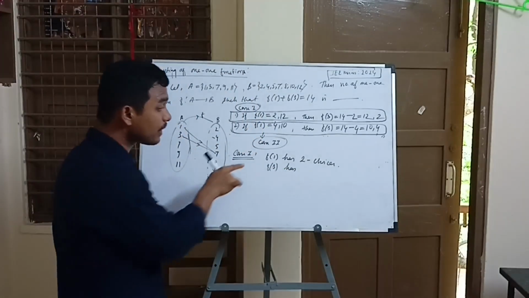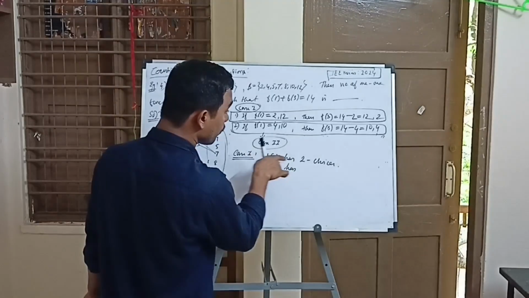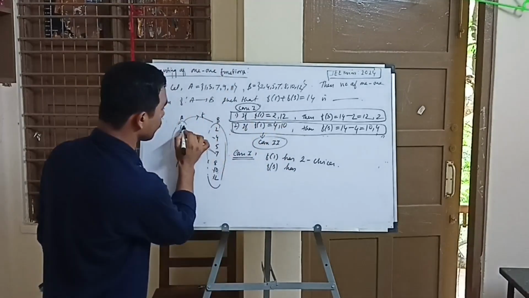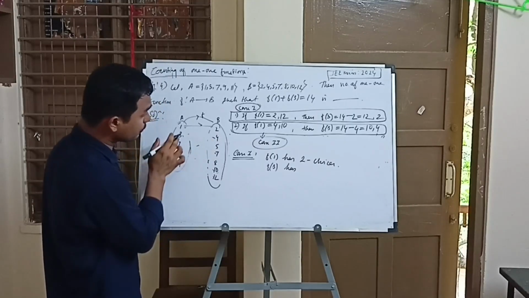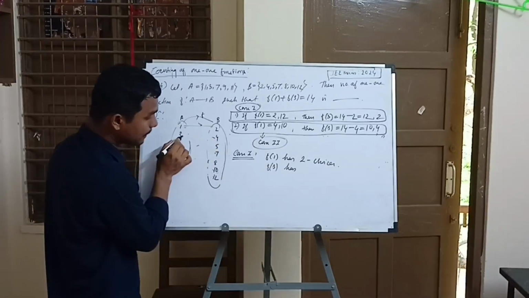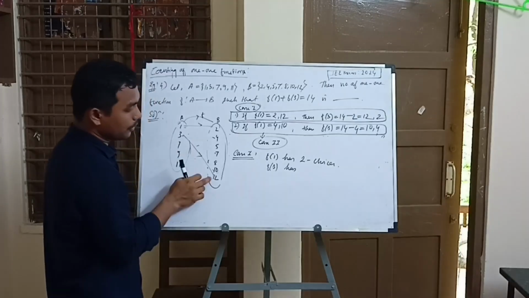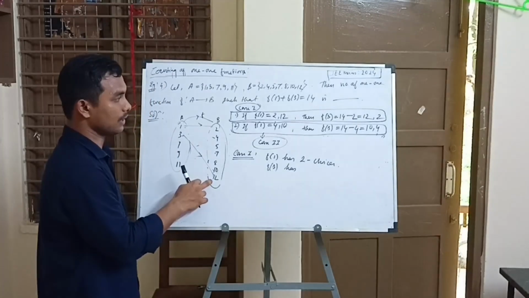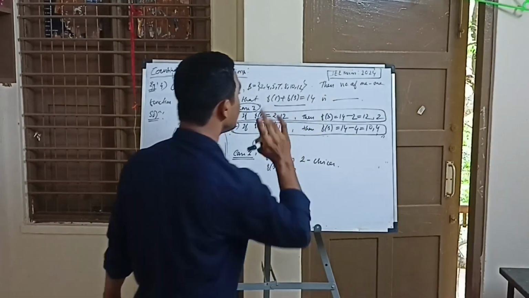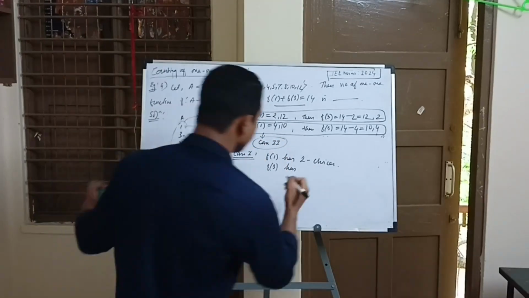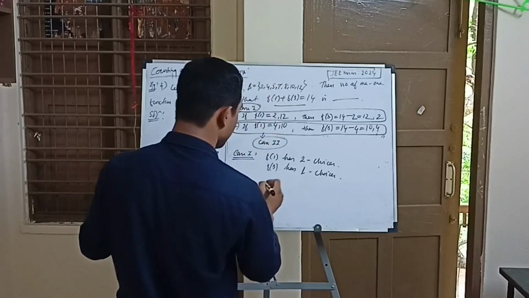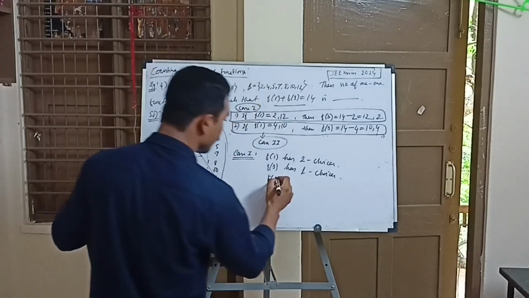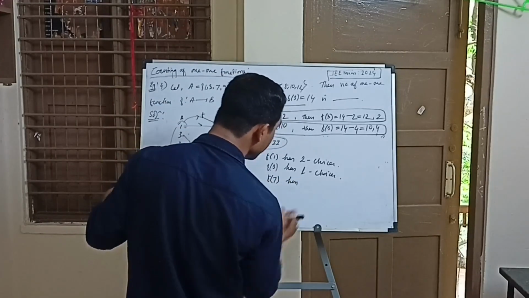Only one choice. If f of 1 is 2, then f of 3 cannot be 2. F of 3 must be 12 because of these conditions and the one-one conditions. Okay, one choice here, and f of 7 has how many choices?